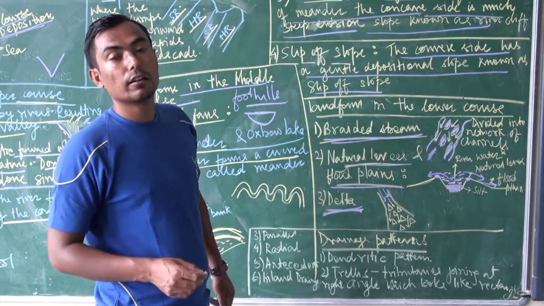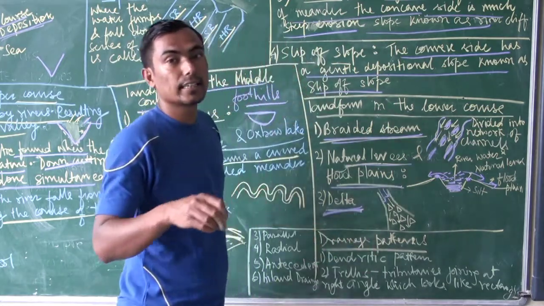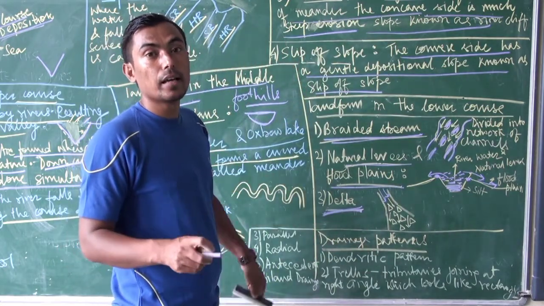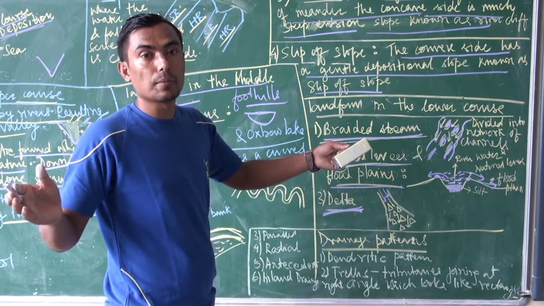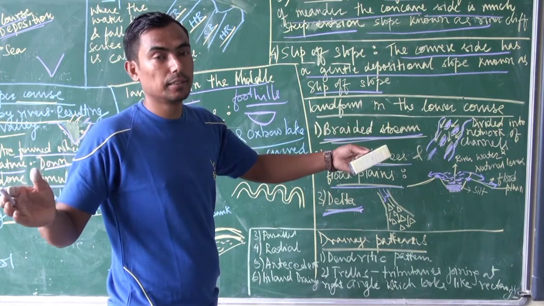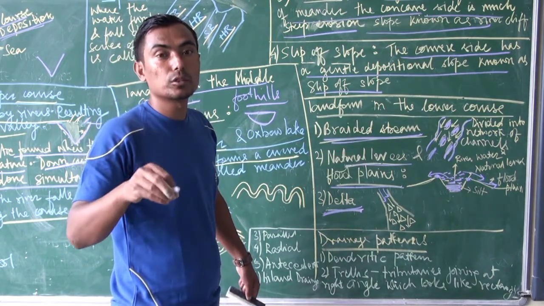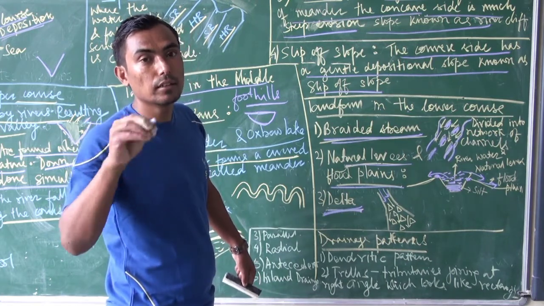As it becomes slow and sluggish, it starts to deposit its sediments. Not only that, the mouth becomes much wider in nature. As it becomes very wide, it starts to deposit its sediments along the mouth of the river.